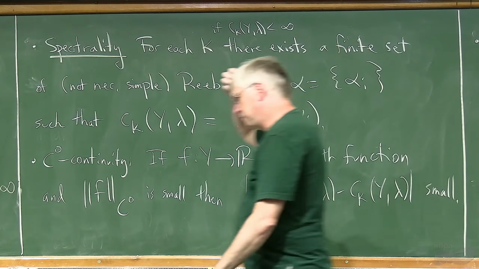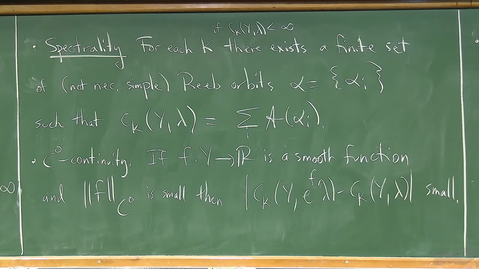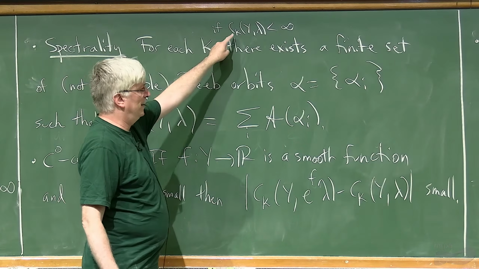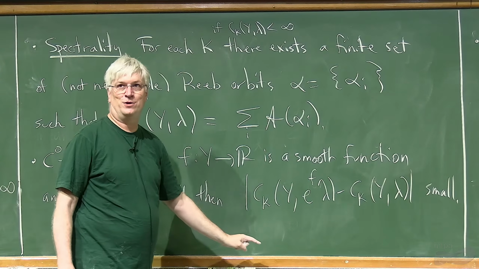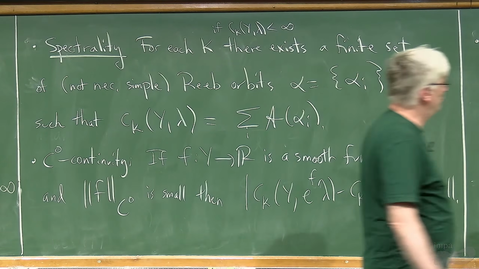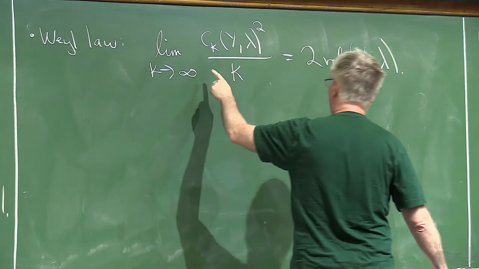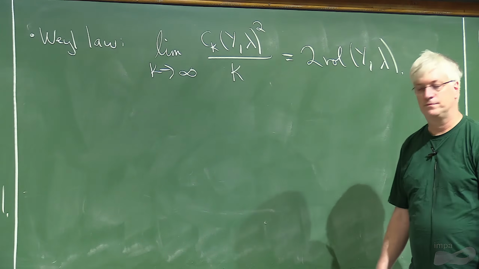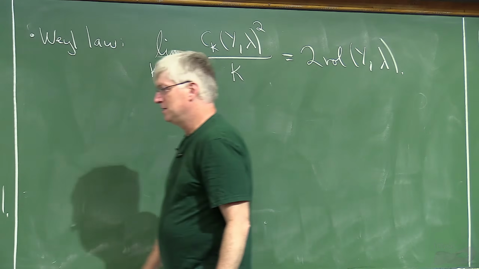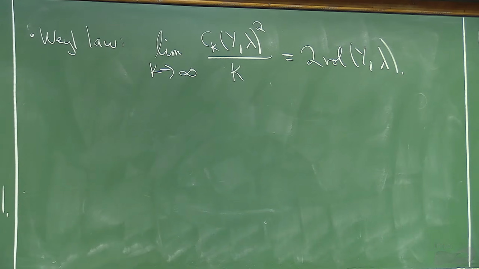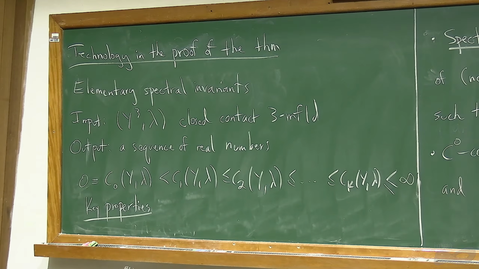So the definition of c_k is some kind of infimum over actions of some orbits. A priori it could be infinite, like maybe there could be no orbits at all. So if you can prove that c_1 is finite, then that implies the Weinstein conjecture in 3 dimensions. Now once you prove the Weyl law, you get the finiteness of all of these numbers. Okay? So the Weyl law is the key property, and a very simple corollary of the Weyl law is that all these numbers are finite, but the Weyl law tells you a lot more.